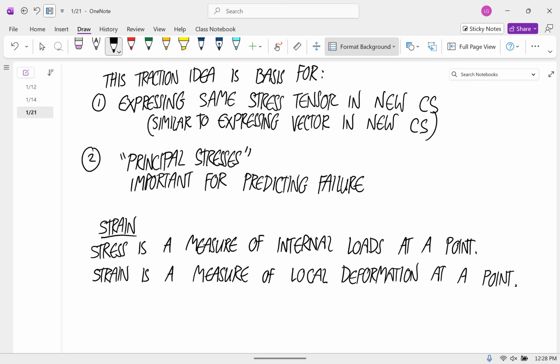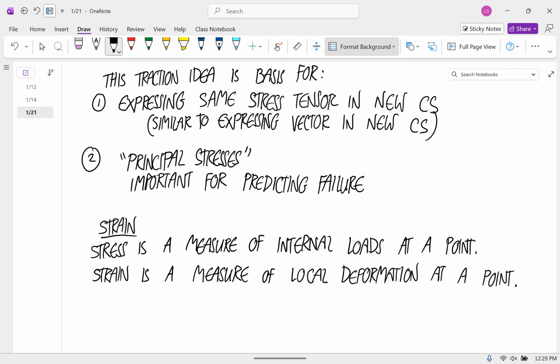And remember, as we're doing this, what we're working our way towards is a relationship between this stress, which is loading, and strain, which is deformation. And something that you've seen similarly before is a spring that relates the amount of deformation in the spring, how far you stretch it or compress it, to the amount of force that's applied to it.